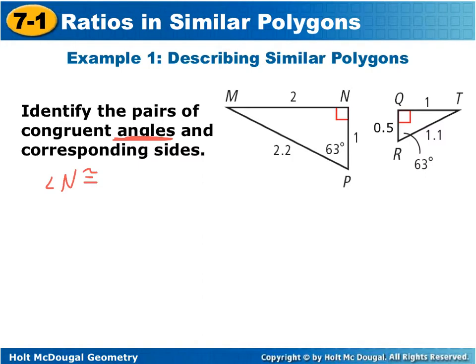Angle Q, perfect, because they're both 90. What is angle M congruent to? Angle T, perfect. And what is angle P congruent to? Angle R, because they're both 63.